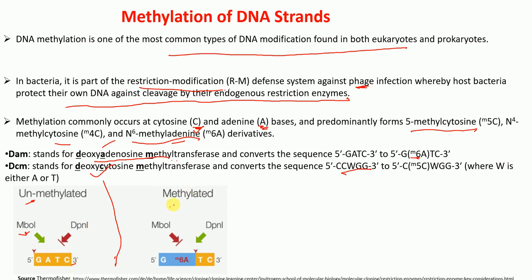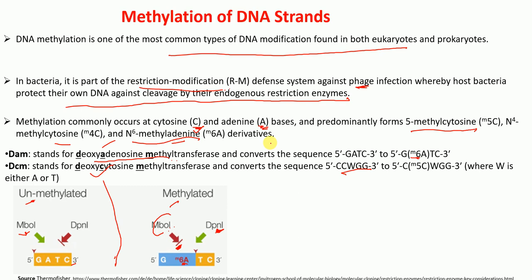But when it is methylated at the 6-methyl adenine site, the activity of this MBO1 restriction enzyme is blocked. It cannot cut. But this other restriction enzyme, DPNI, can cut. So this is one example. That means that methylation of the DNA can block the restriction digestion by the enzyme. Okay, this is one point.